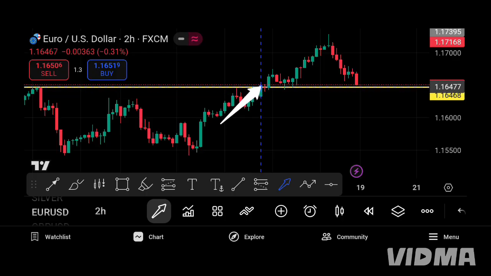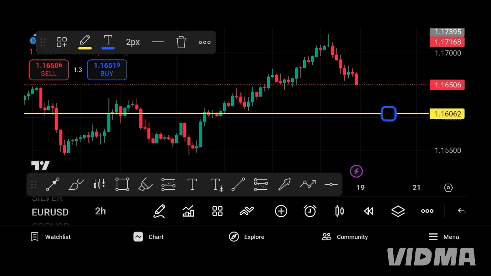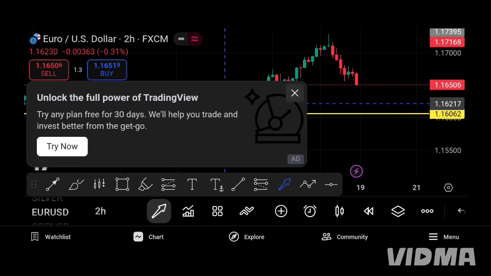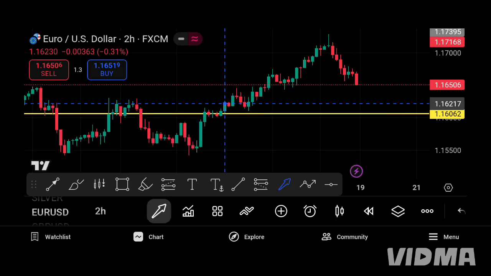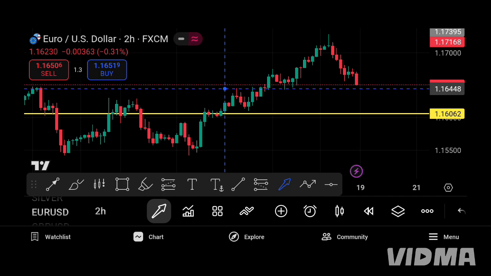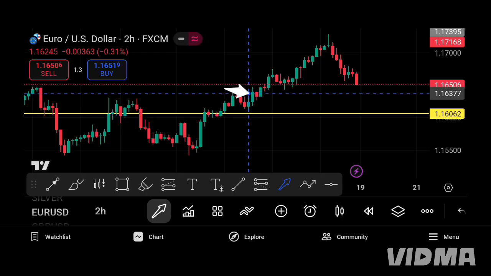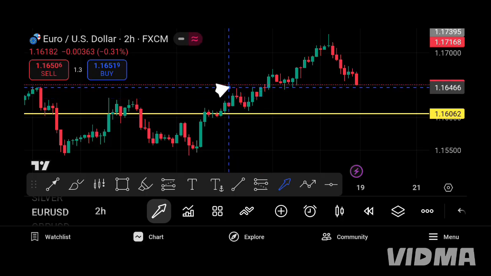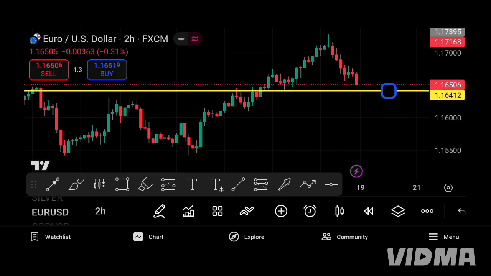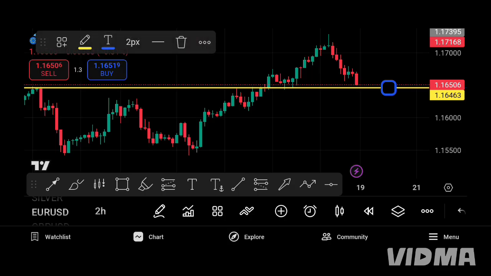Then after that, we put here our yellow line. Let me first move this yellow line so that you can see it clearly. It is here. This is like a doji in between, because here we broke, then we formed the doji after just breaking here. So after seeing it, we came here and put a yellow line.